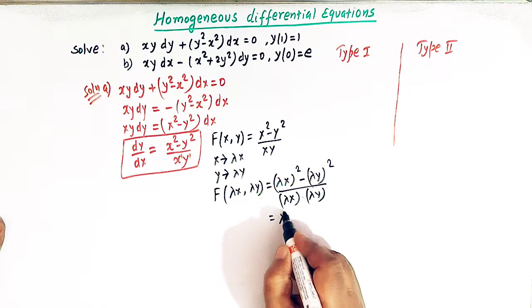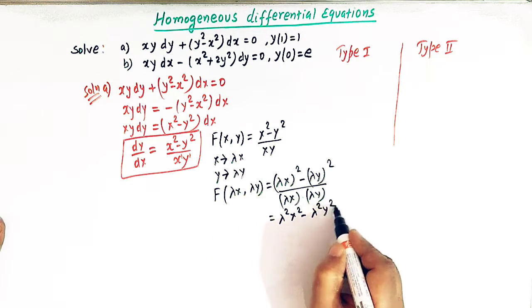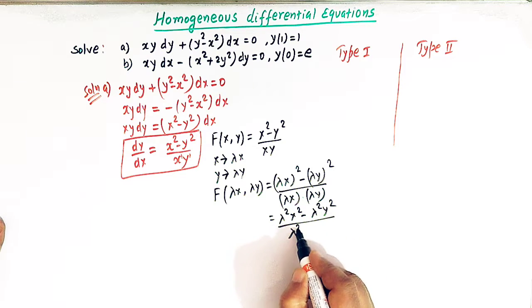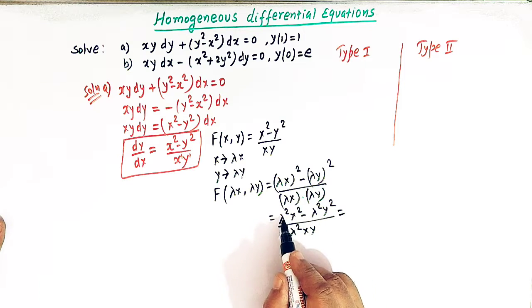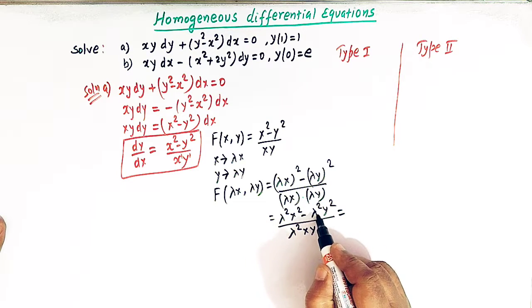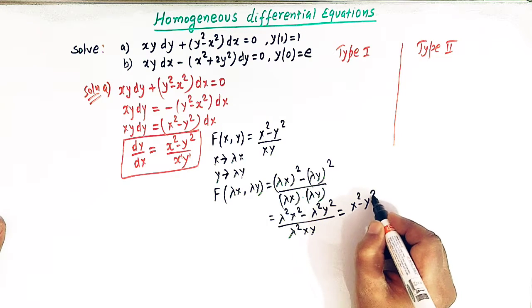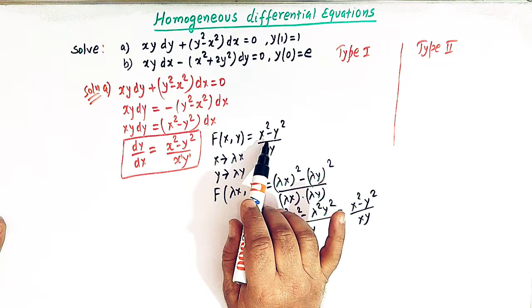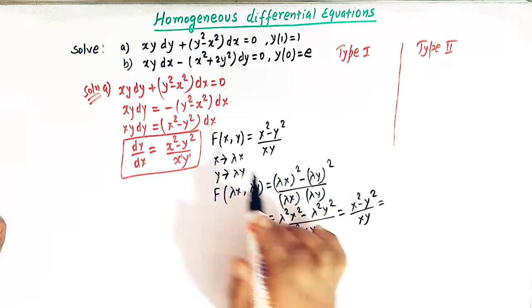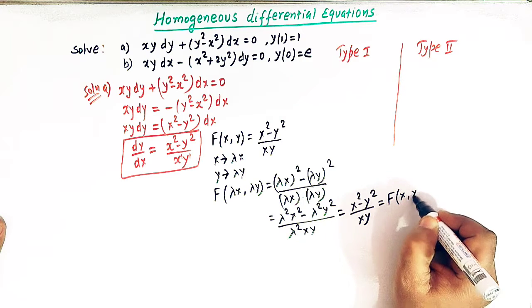So we can now write lambda square x square minus lambda square y square, over lambda square xy, and we can easily see that we can cancel out lambda square from the numerator and denominator. So we are left with (x square minus y square) over xy, which is the same expression, right? So we can now write f of x comma y.